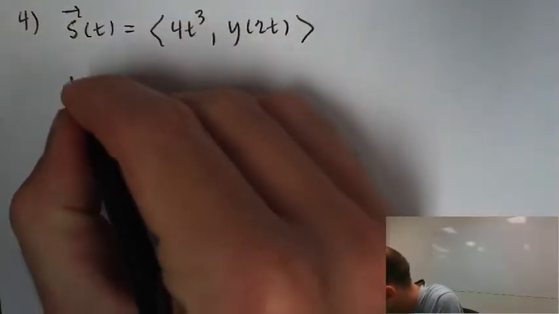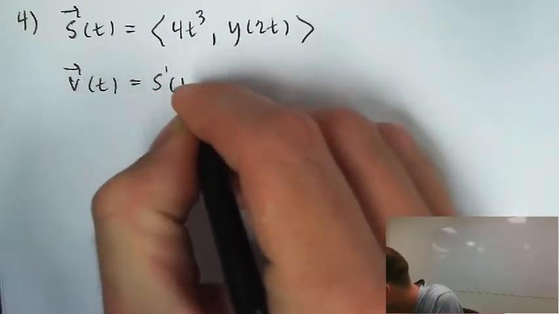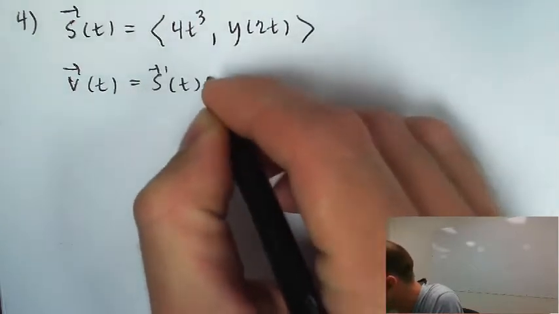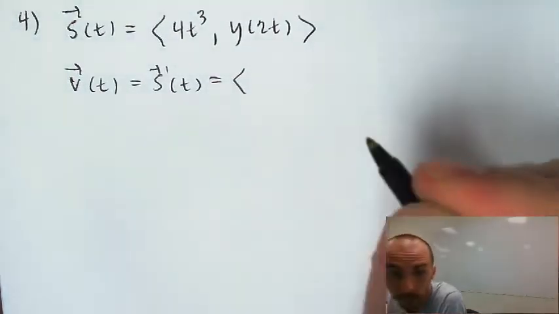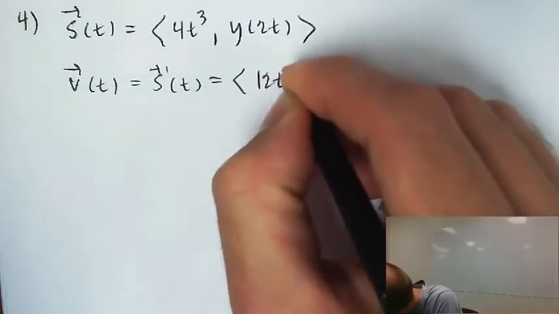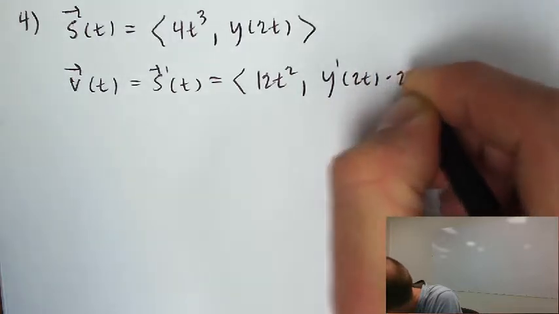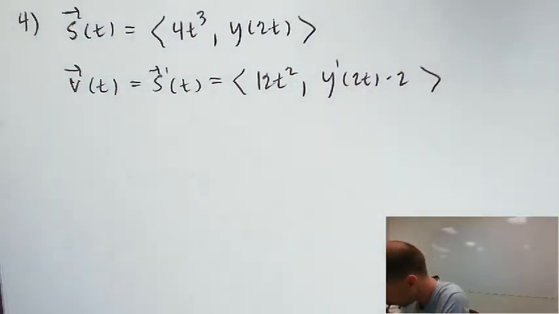All right, well, v of t, you take the derivative of s. We can take the derivative of a vector-valued function by taking the derivative of each of its components. So that'll be 12t squared, and y prime of 2t multiplied by 2.